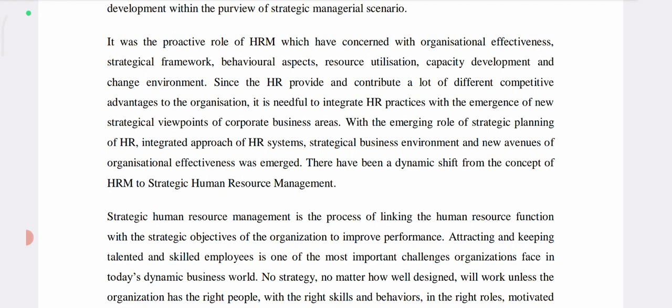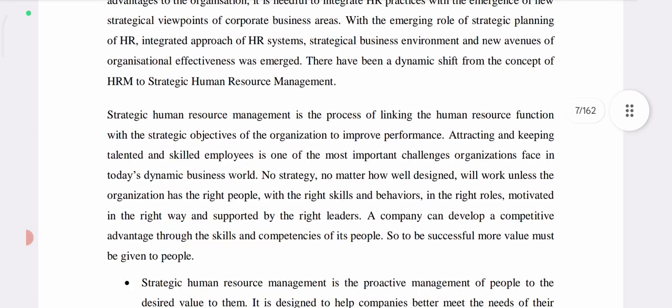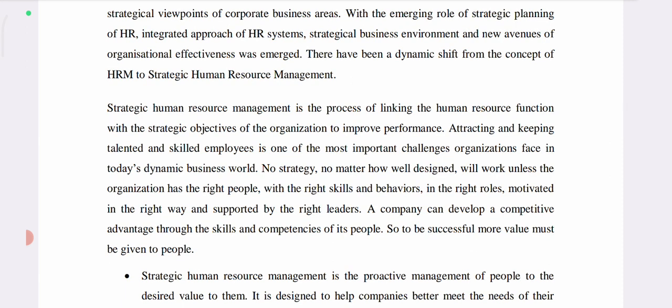Since HR contributes many different competitive advantages to the organization, it is needful to integrate HR practices with the emergence of new strategic viewpoints of corporate business areas. Why is it so? Because of the dynamic shift from the concept of HRM to strategic human resource management, things began to change.